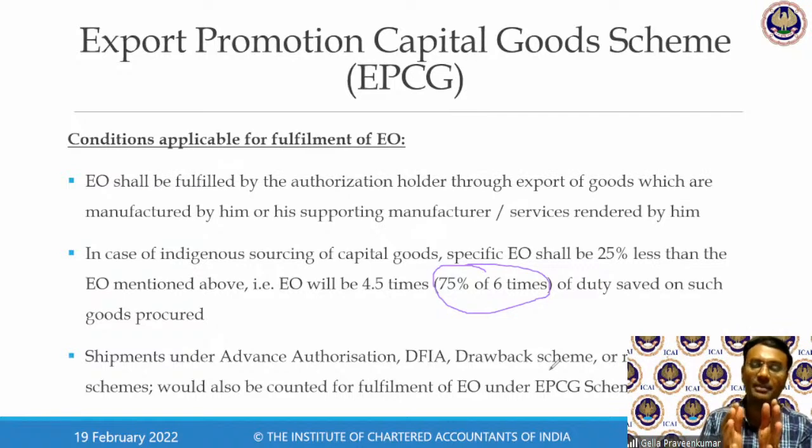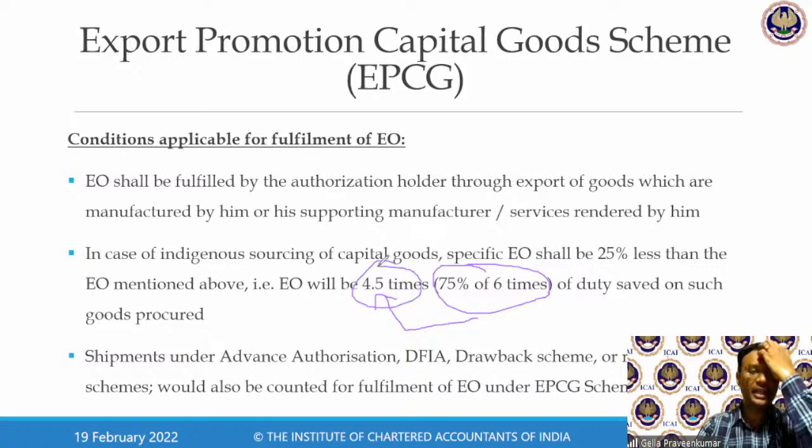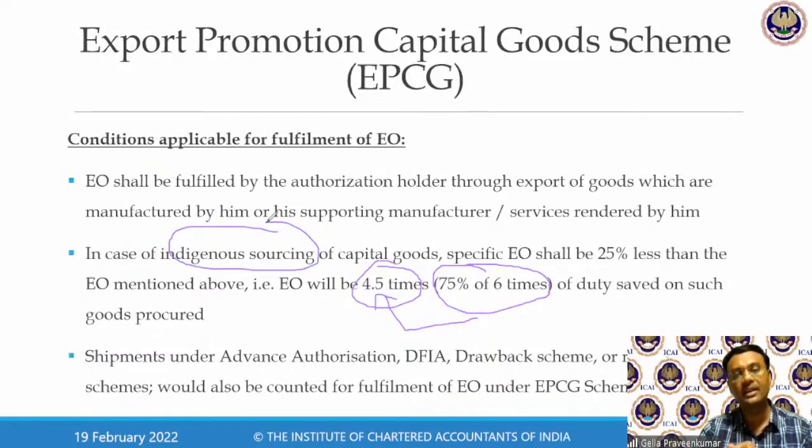If Nisha purchases the same machinery from India, not imported, then instead of 6 times 1 lakh, I'll give you only 75% of that 6 times. So effective 75% of 6 happens to be 4.5 times. Whatever duty you have saved, 4.5 times of that duty is the obligation if the capital goods are purchased within India.